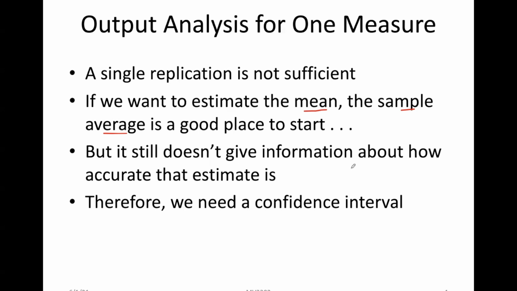So I flip it 10 times, and 4 of the times it came up heads. Okay, so that's better than flipping it once. But how confident are you that that 0.4 is really close to what the true probability of heads is? With only 10 flips, I would not be terribly confident.